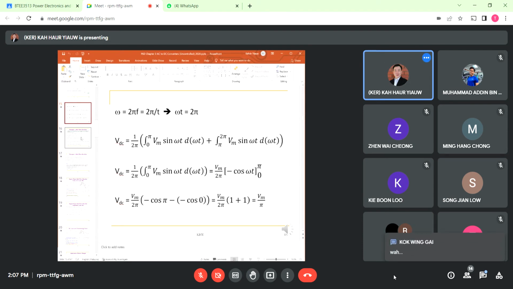If I'm not asking you to derive, I ask you to calculate or compute, then just compute based on the formula. If I'm asking you to derive, and you do not do the derivation, straight away give me the answer, the formula, and then do the calculation, your derivation part will be omitted. The points will be omitted.